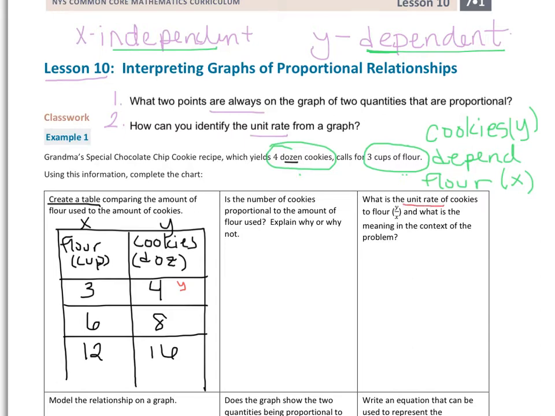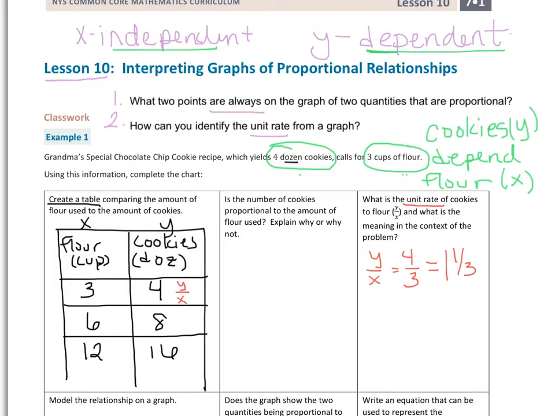What is the unit rate of cookies? If I have y over x, what is the meaning of this in the context of the problem? So y over x equals 4 to 3. We can leave that as an improper fraction, or we can write it as a mixed number.